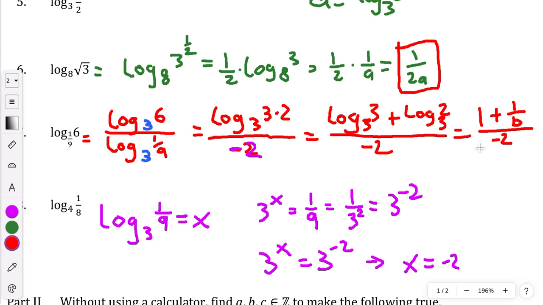So you could say it's negative a half minus 1/2b. Is that better? Yeah, maybe. I don't know. Either one is fine. I like the top one better. You like the top one better? Yeah. Such is life. All right.